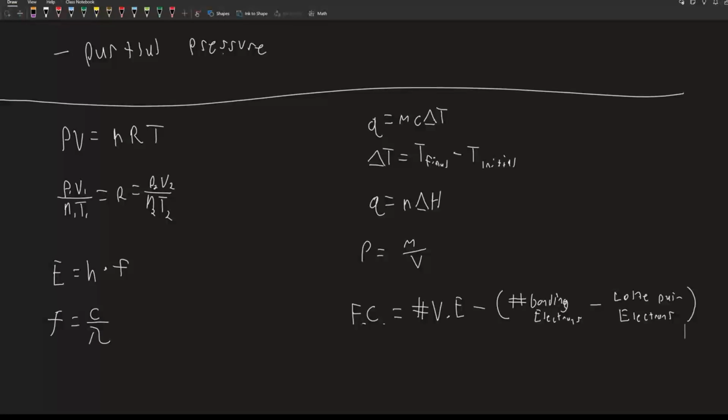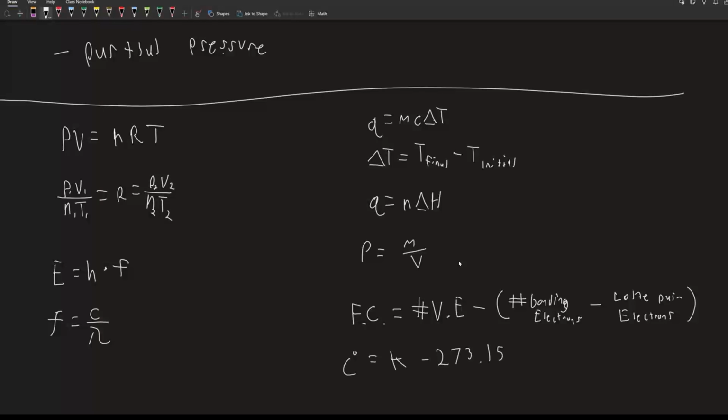What else? You'll need to know degrees Celsius are equivalent to Kelvin minus 273.15.